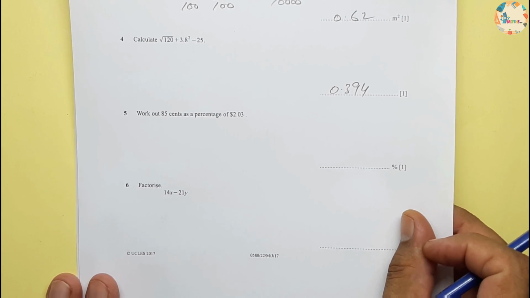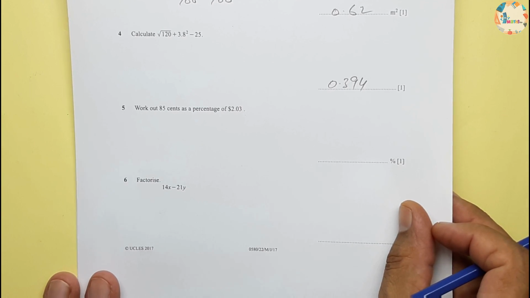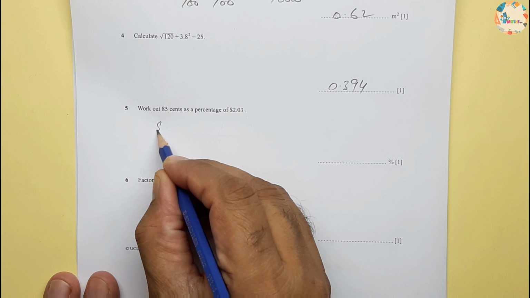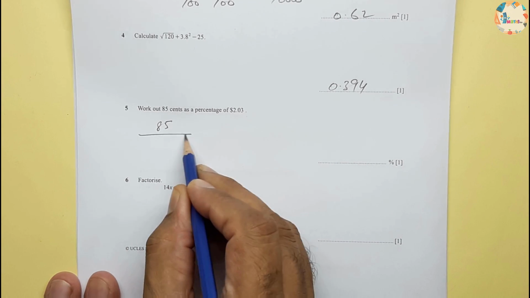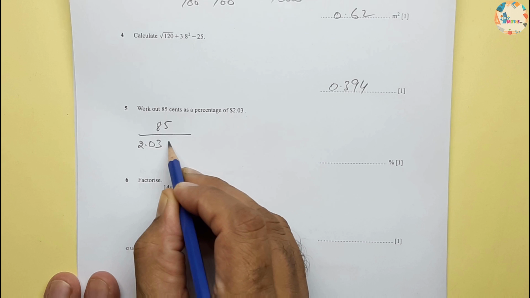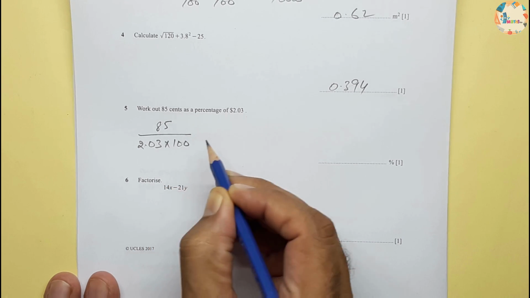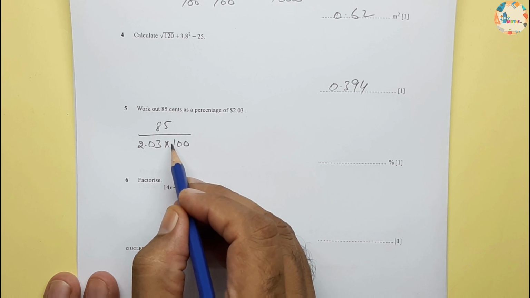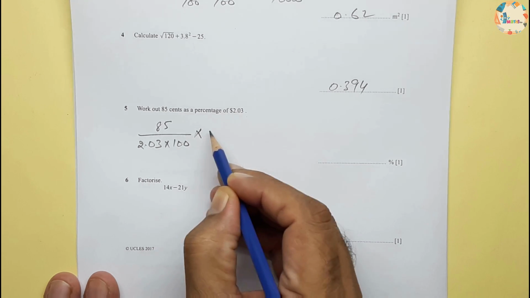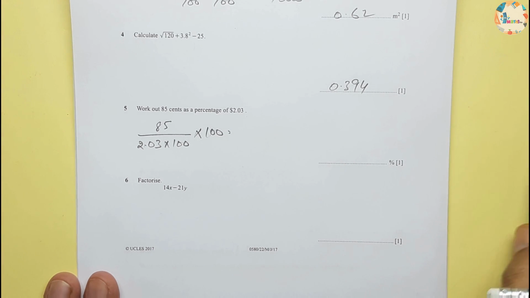Then question number 5, work out 85 cents as a percentage of this one. So 85 cents divided by 2.03, and we'll have to multiply this by 100 because this is dollars. We'll have to change it into cents, and for percentage we'll be multiplying by 100.